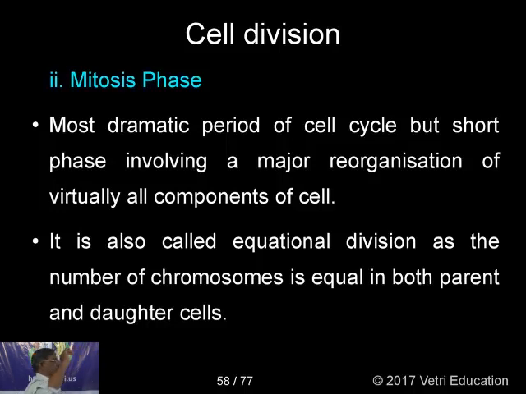Now the mitotic phase is the most dramatic period of the cell cycle, but a short phase involving a major reorganization of virtually all components of the cell. It is also called equational division, as the number of chromosomes is equal in both parent and daughter cells.